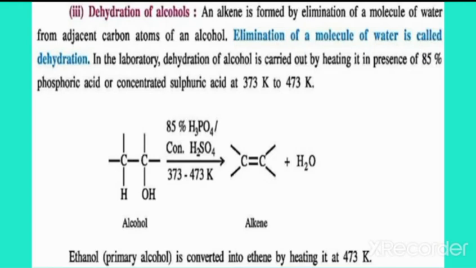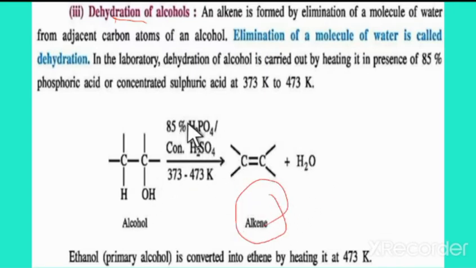Next, another reaction, the dehydration of alcohols. Alcohols can undergo beta elimination in the presence of strong dehydrating reagents like concentrated sulfuric acid or H3PO4, which gives the corresponding alkenes.